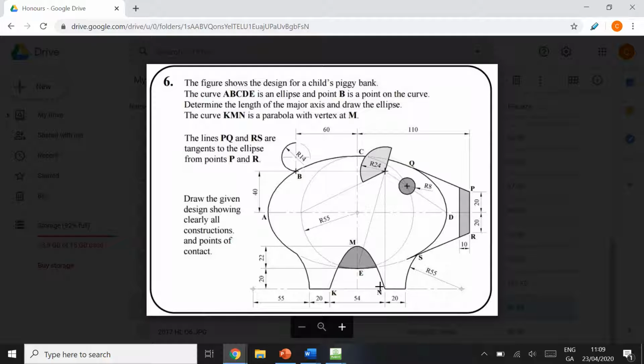We're going to measure across to the right 27, as I said, then 20, then 55. Then we're going to measure to the left 27, 20 and 55 as well to find this point here and this point here. Then we can start drawing our parabola.